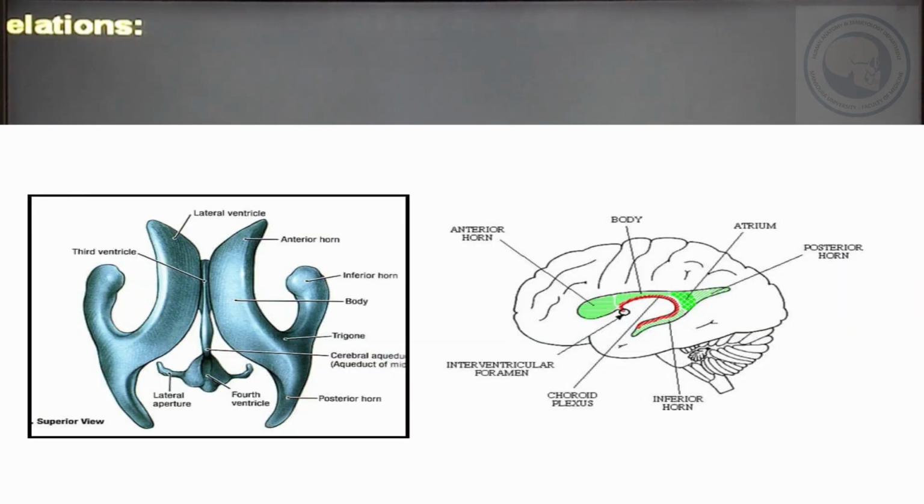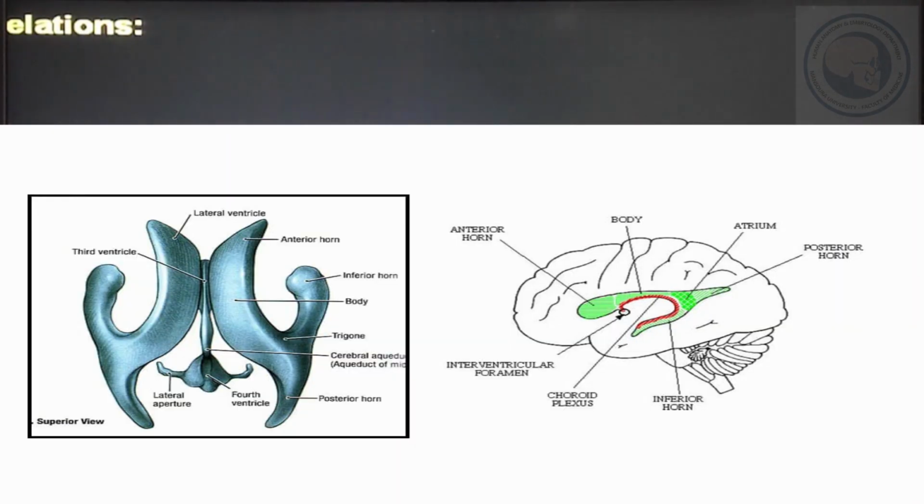What about relations of different parts of the ventricle on each side? When you look at the shape and the different parts of each lateral ventricle, you will find that the ventricle is not vertically located inside the cerebral hemisphere, it is obliquely located. I mean, some parts are close to the midline and some parts are away from the midline.